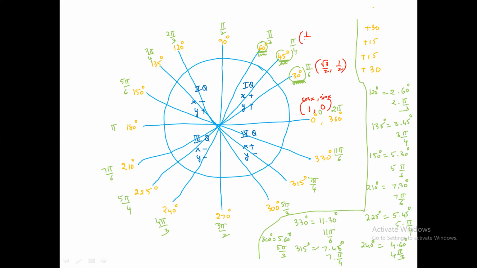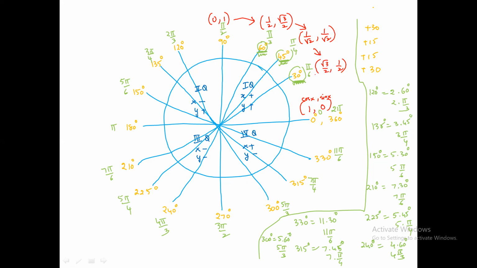Cos 45 degrees is 1 by root 2, sin 45 degrees is 1 by root 2. Cos 60 degrees is 1 by 2, sin 60 degrees is root 3 by 2. This all I have taken from the table. Cos 90 degrees is 0, sin 90 degrees is 1.